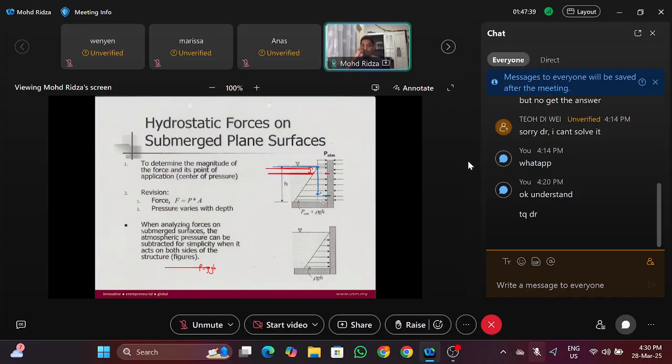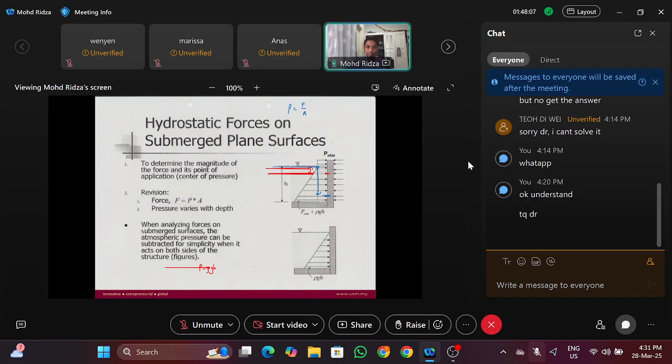But now we want to calculate the force because of all this pressure at all points continuously. You know the equation: pressure is force divided by area, so force is pressure times area. We know that pressure is rho GH.